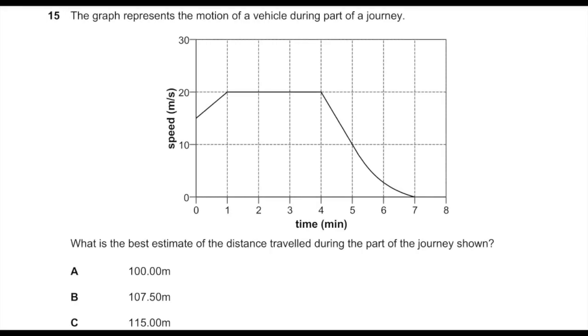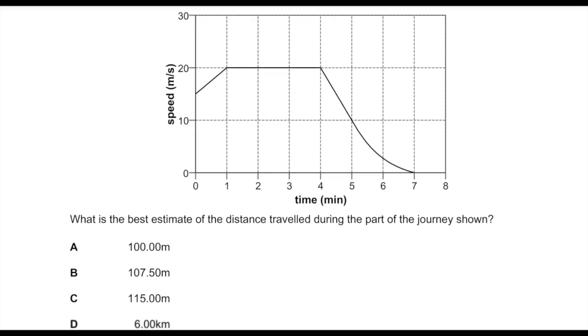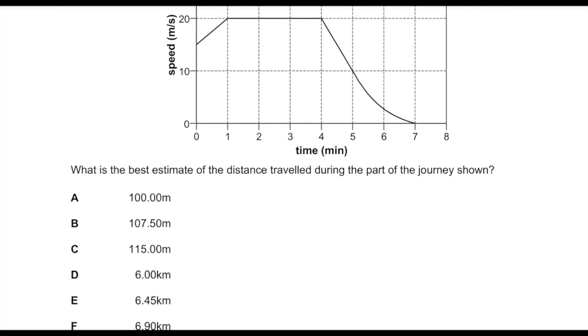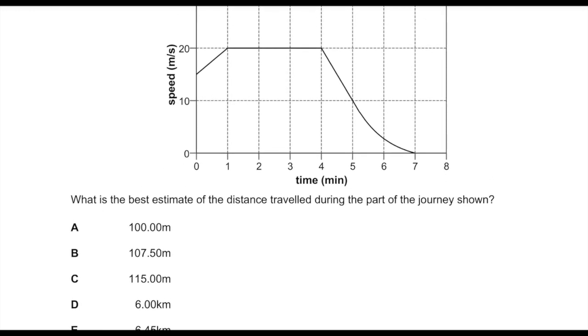Question number 15. The graph represents the motion of a vehicle during part of a journey. What is the best estimate of the distance travelled during the part of the journey shown? So, we need to use the equation speed is equal to distance over time in order to work out what the distance is.